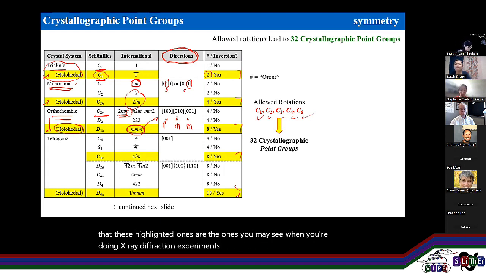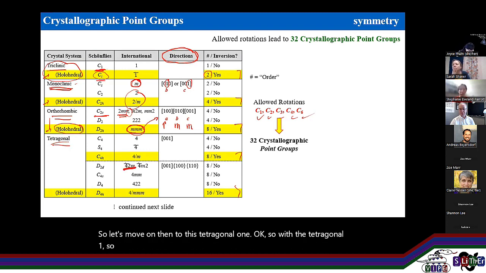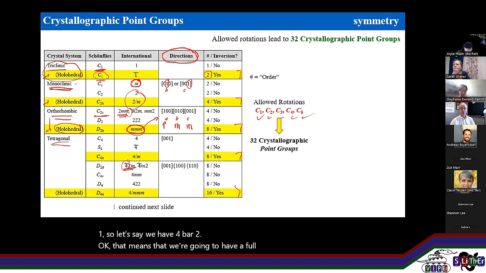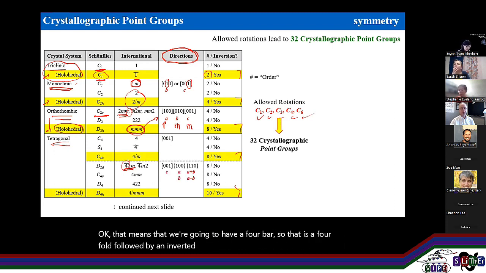Okay, so let's move on then to this tetragonal one. So let's say we have 4 bar 2m. That means that we're going to have a 4 bar, so that is a 4-fold followed by an inversion along the C axis, because that's in the first location of the direction.